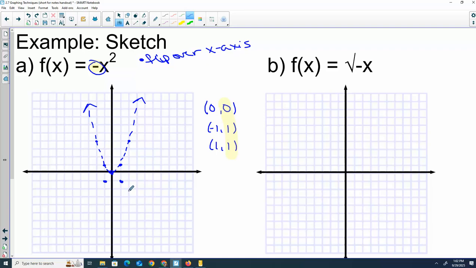If you want, you could do 2, negative 4, negative 2, negative 4. We just get this upside down parabola. So what it did, took my ordered pairs, just changed the y. Outside changes y, does what it says.